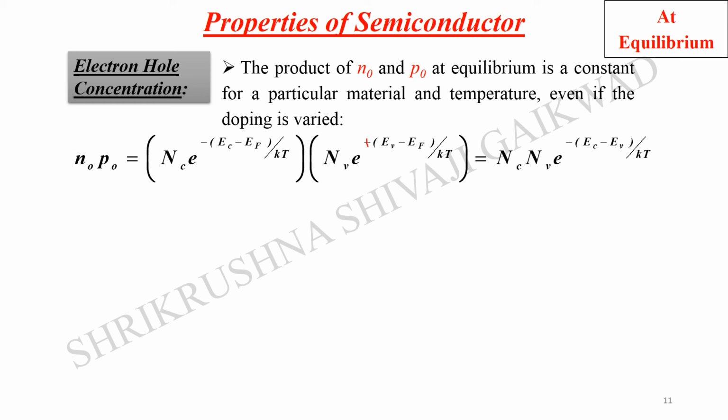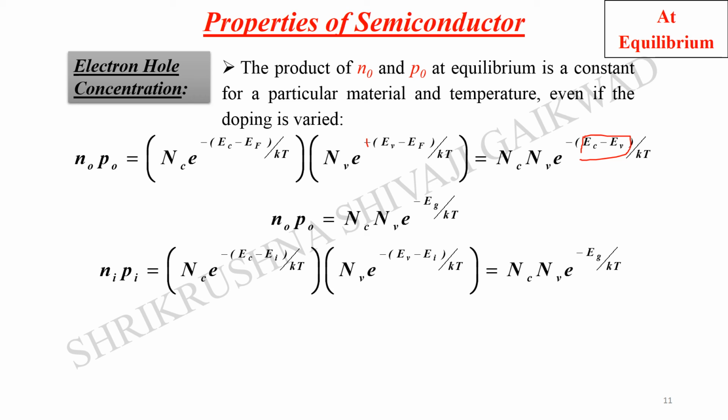So this n0 p0 product is independent of where the Fermi energy level lies. So n0 p0 is equal to NC NV exp(-EG/kT), because EC minus EV is nothing but EG, the energy band gap of that particular material.